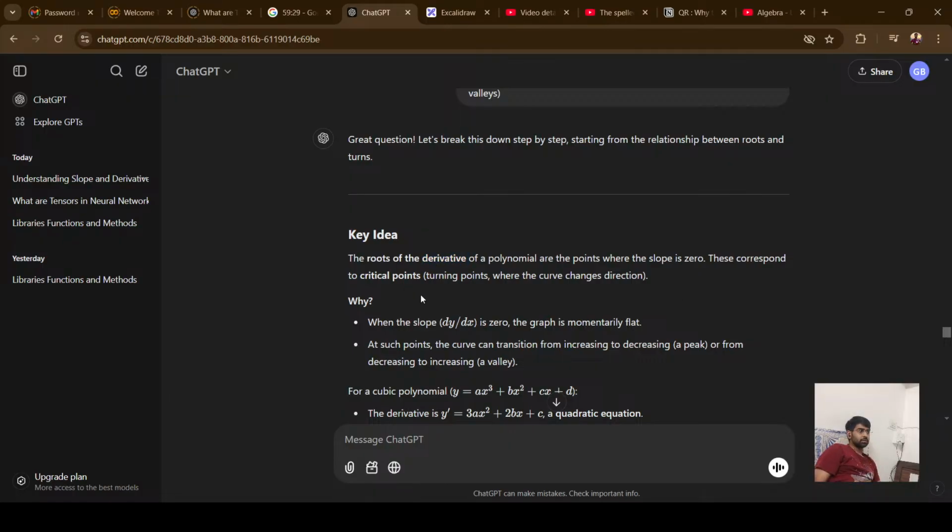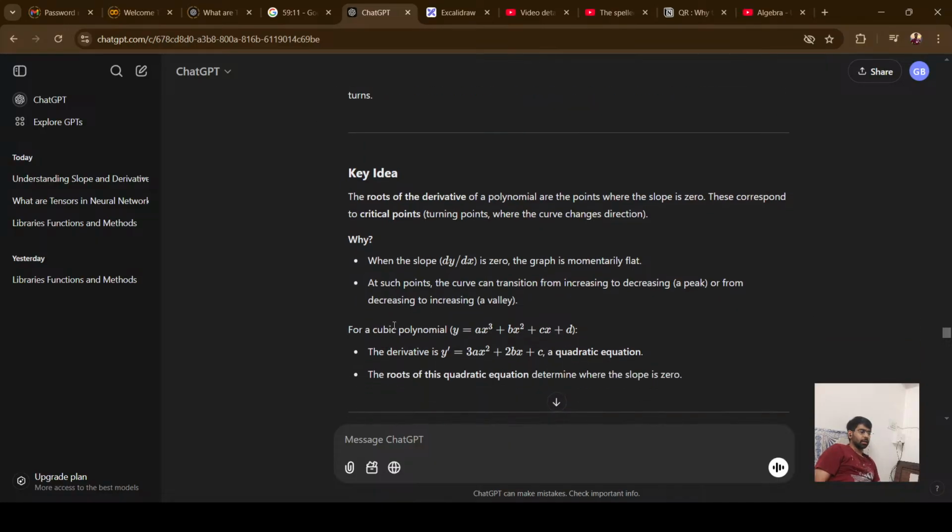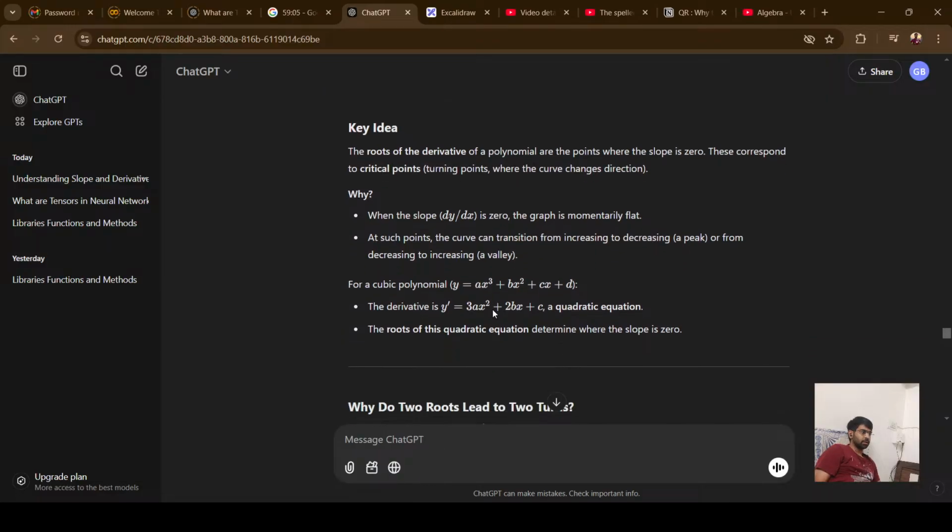This corresponds to critical points, turning points where the curve. The roots of the derivative are the points where the slope is 0. There are turning points when the slope, the graph is momentarily flat. At such a point, the curve can transition from increasing to decreasing or from decreasing to increasing.